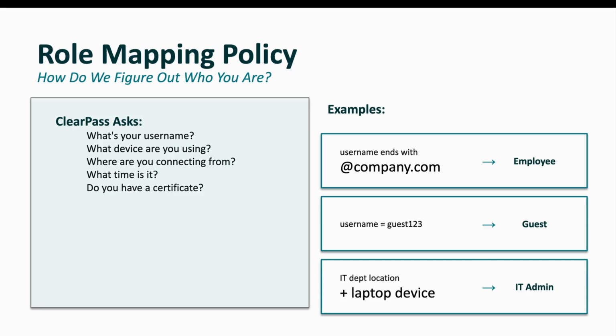If you are connecting from the IT department location and using a laptop, you might get the IT admin role. The role mapping policy is basically a big decision tree that says based on these conditions, you are this type of user. Simple, right?